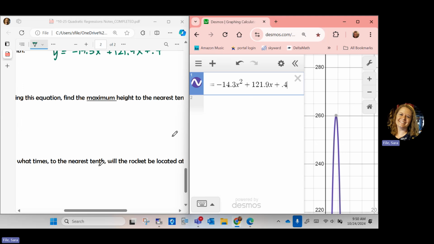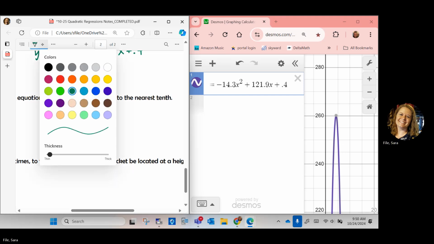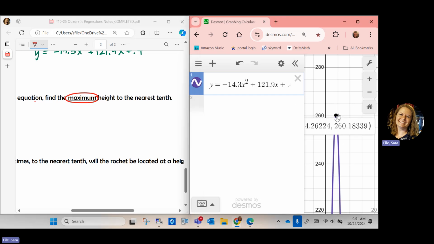Now the questions ask us to use this equation to find the maximum height to the nearest 10th. Again, maximum. You're looking for the height. I can see on my graph over here that it happens at 4.3 seconds.